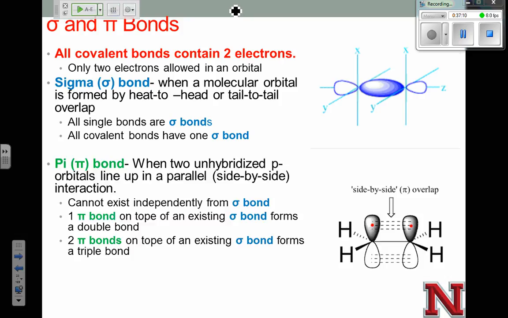So the next type of bonding interaction is a pi bond. And this is with 2 unhybridized p orbitals. That's really important. It has to be unhybridized p orbitals. You can't have an effective pi bond if the p orbitals are not unhybridized, and they line up in a parallel way, like this. Now, it's untrue to say that the electrons are shared here and not here.